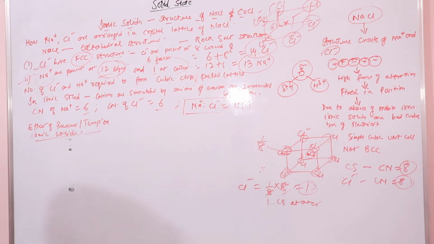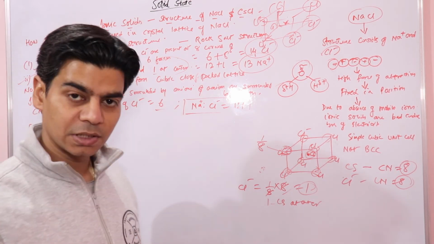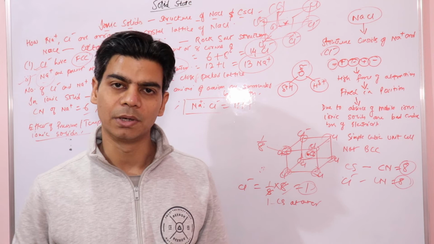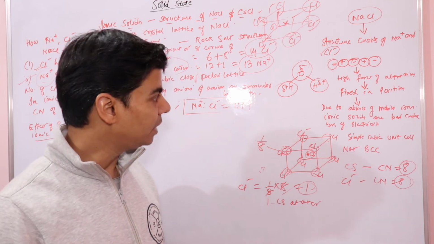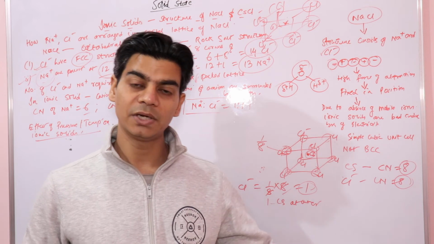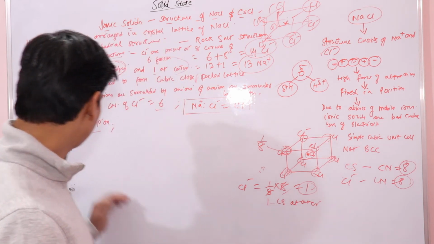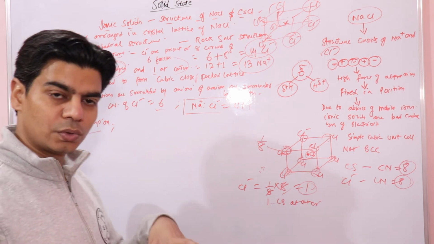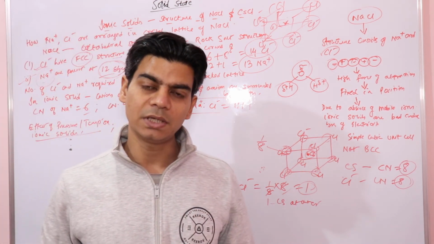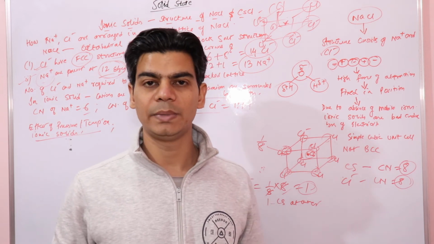What is the effect of pressure and temperature? High pressure will favor high coordination number. That is, if you apply high pressure onto the structure of sodium chloride, its coordination number will increase. Its normal coordination number is 6, so on applying high pressure the structure will change, and the coordination number in the resulting structure would be 8.